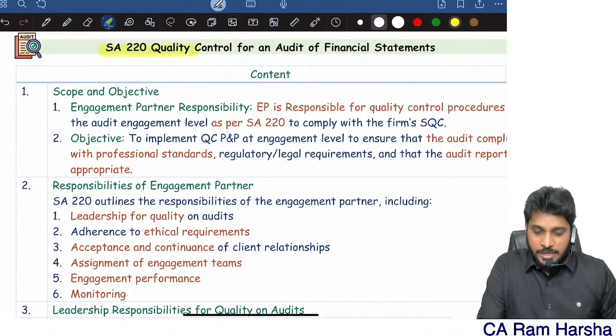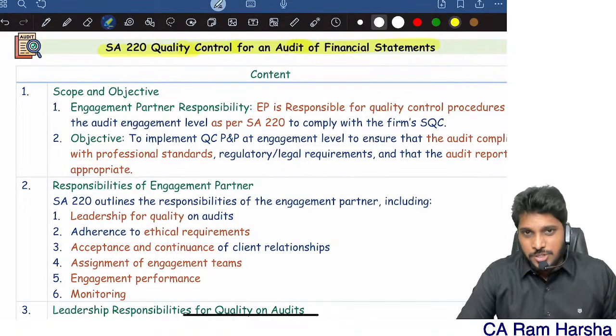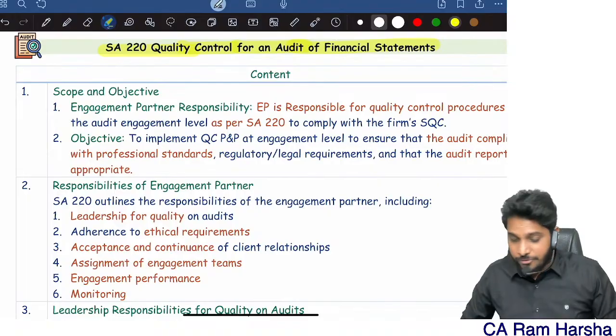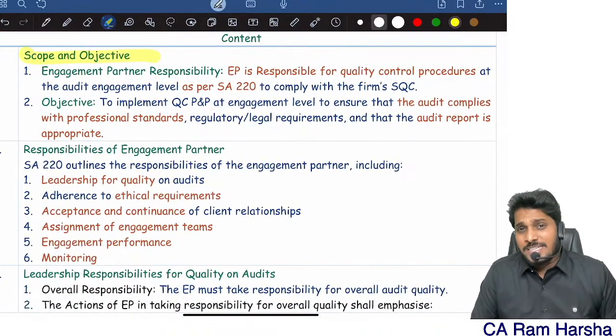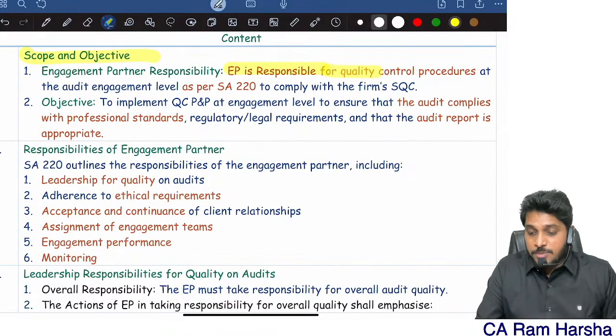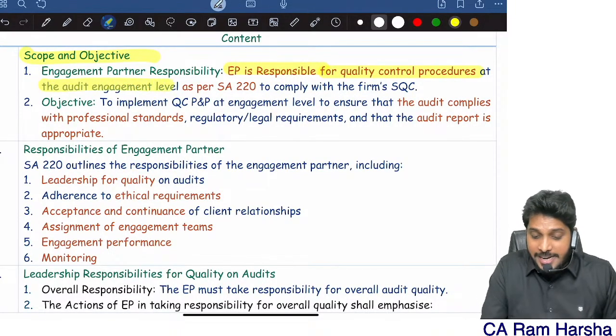Now SA 220, quality control for an audit of financial statements. So what is the scope and objective? SA 220 says the engagement partner is responsible for quality control procedures at the audit engagement level to comply with the firm's SQC.